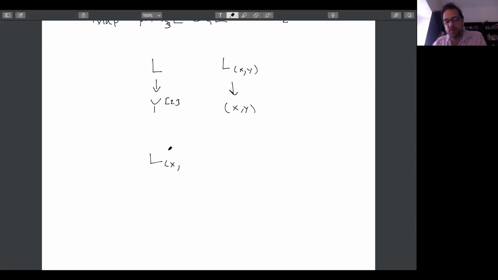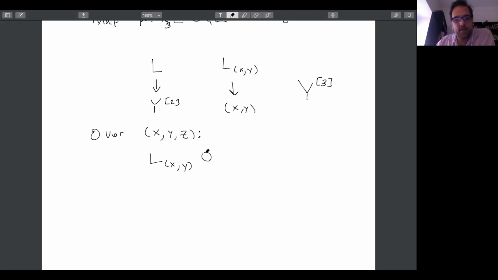Mu being a map over Y cubed, that space consists of triples. So over the point x, y, z, mu is an isomorphism like this.